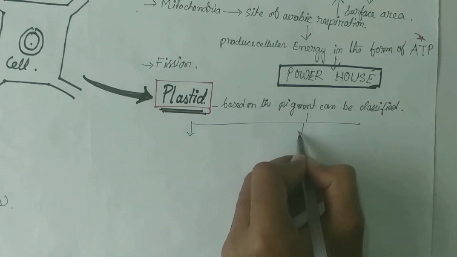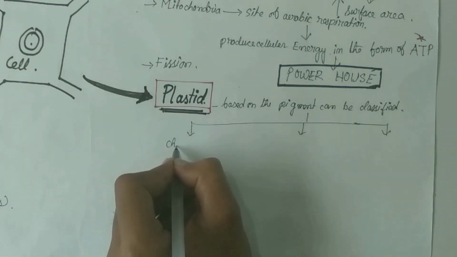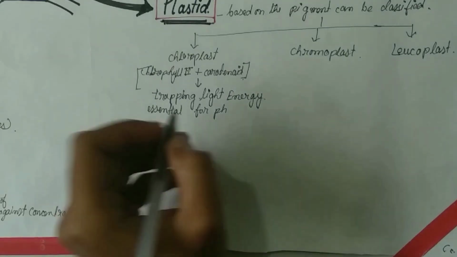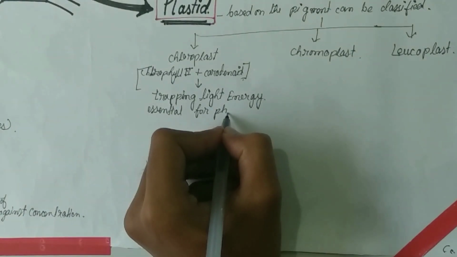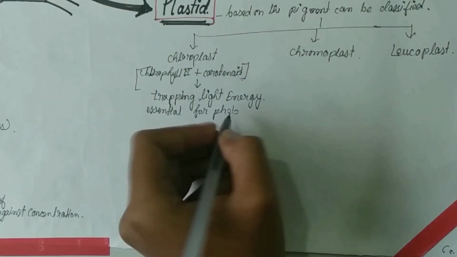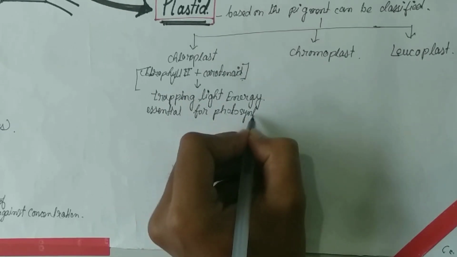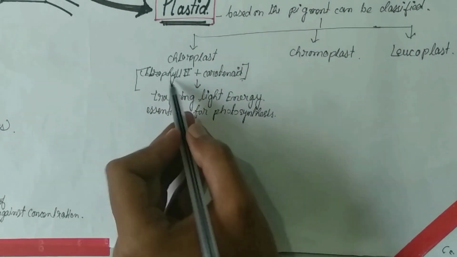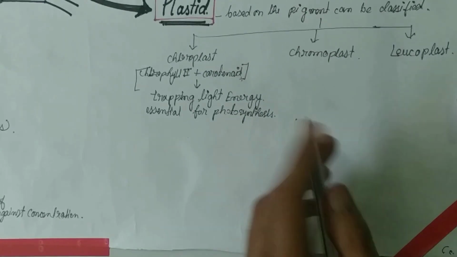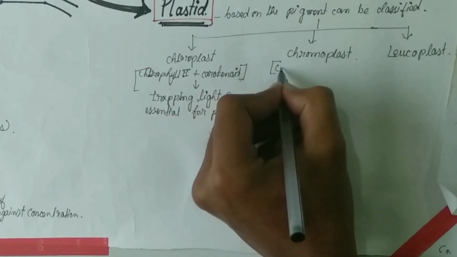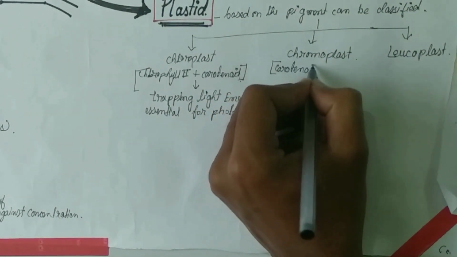Chloroplast contains chlorophyll and carotenoid pigments. Chloroplast is involved in trapping light energy essential for photosynthesis.